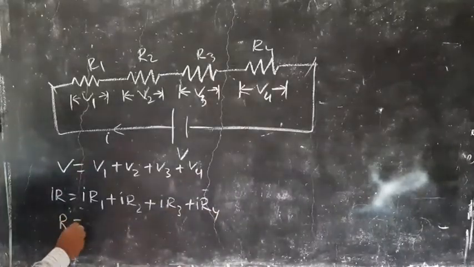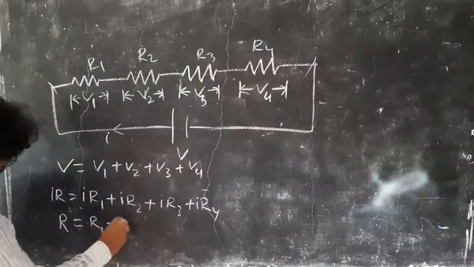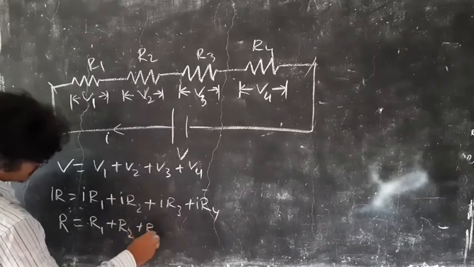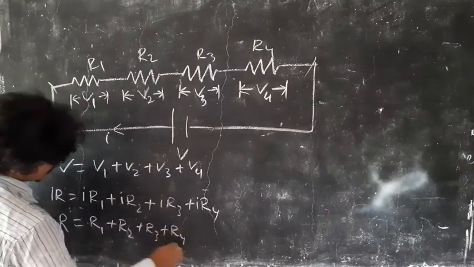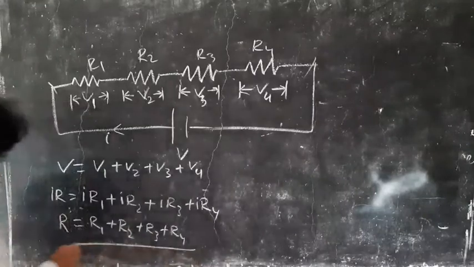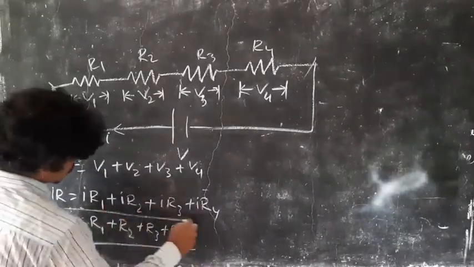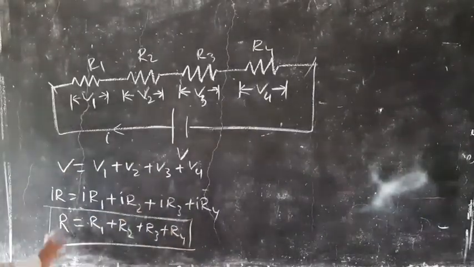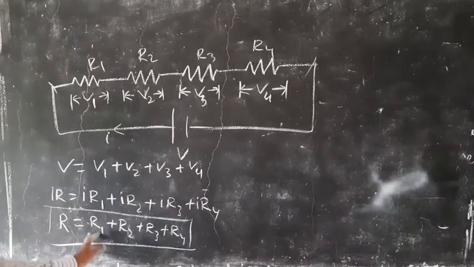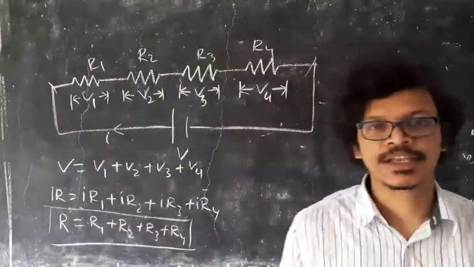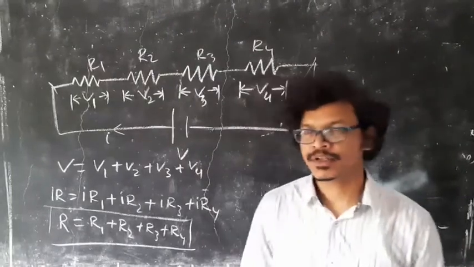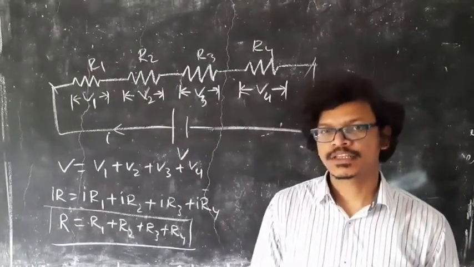Upon simplifying, we get R equal to R1 plus R2 plus R3 plus R4. This is the net resistance of the circuit when 4 resistances are in series.